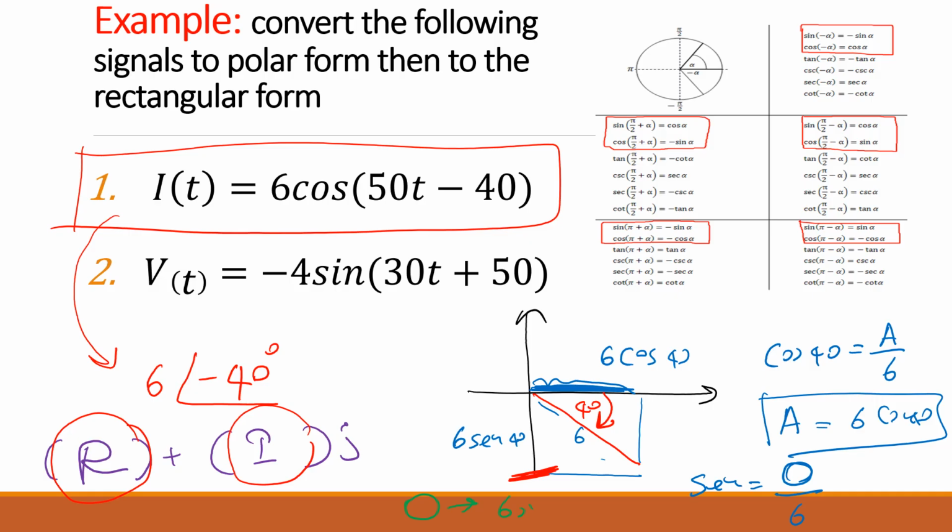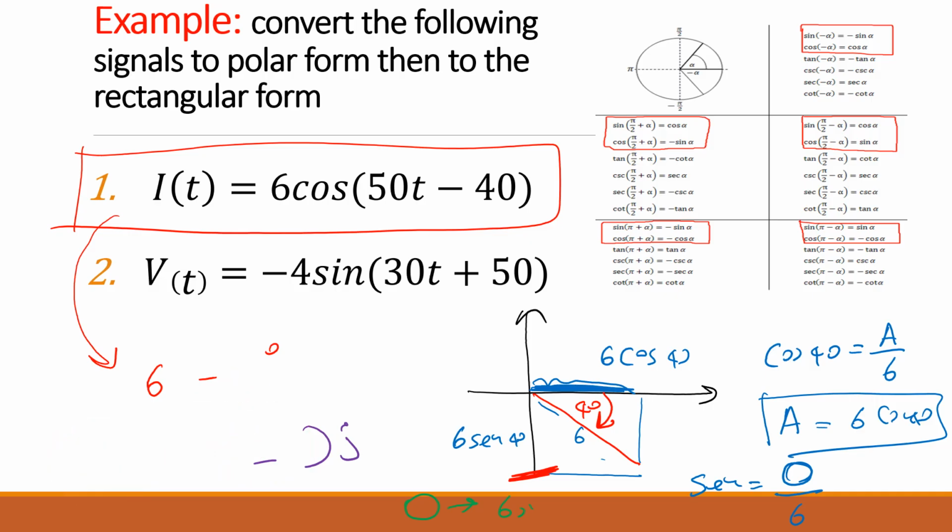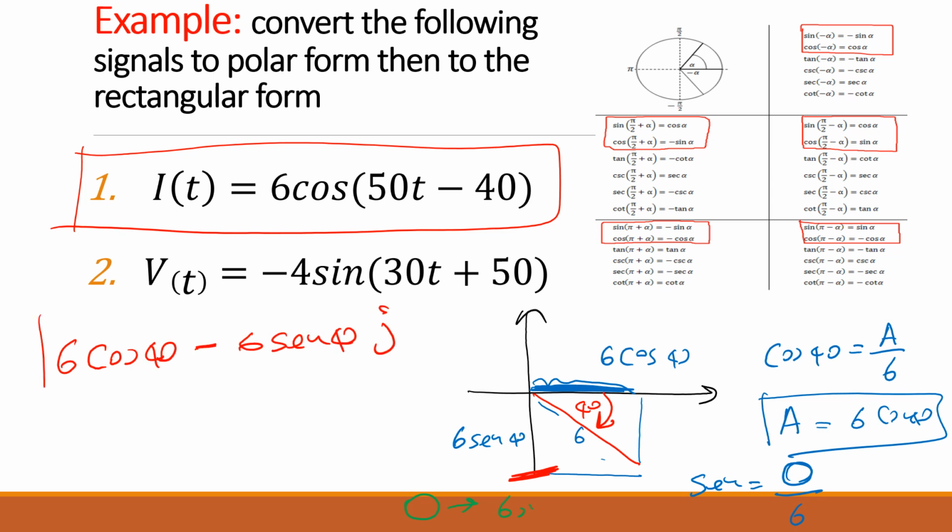Agree or not? So how do you write it? You can write it now in the rectangular form: 6 cos 40 minus 6 sine 40j. So you can put this in the calculator and you can find the number.